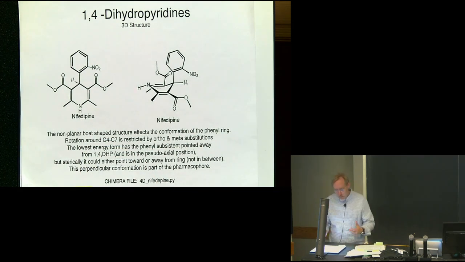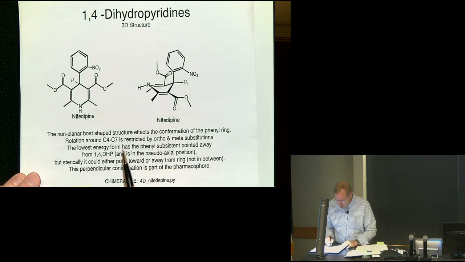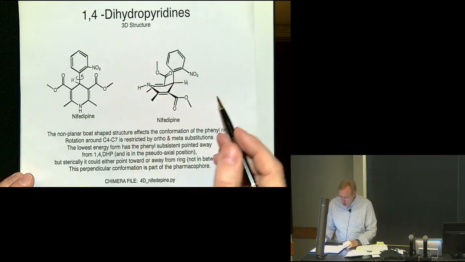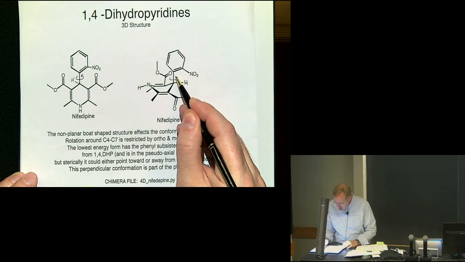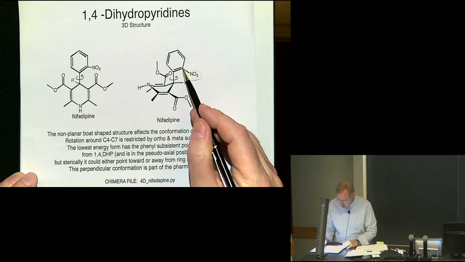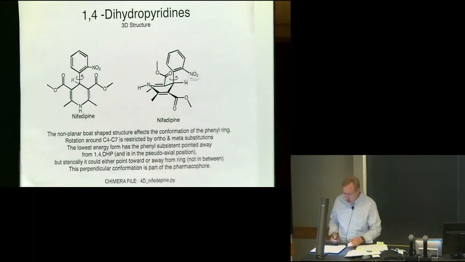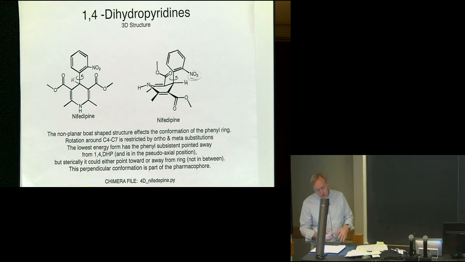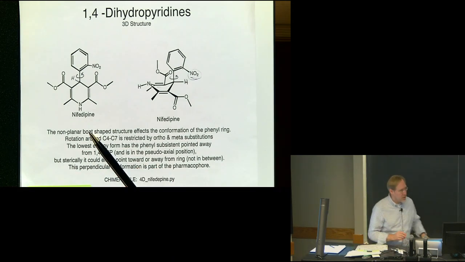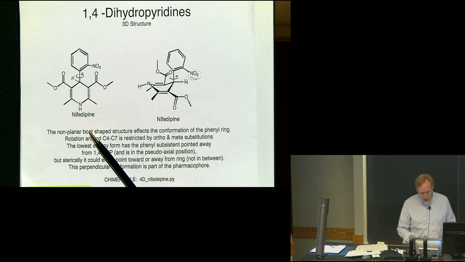And that's important for their pharmacophore. And the rotation that you get around this bond, right here, is actually restricted because you have this substituent at the ortho or meta position. And that's important for the activity because it restricts whether this phenyl group can spin around or if it can just point one way, back in this direction. And I'll pull up Chimera because I think you can view that a little easier.